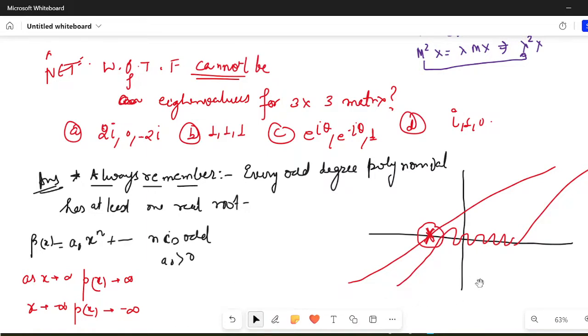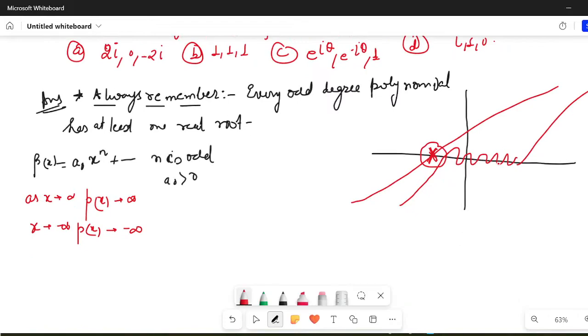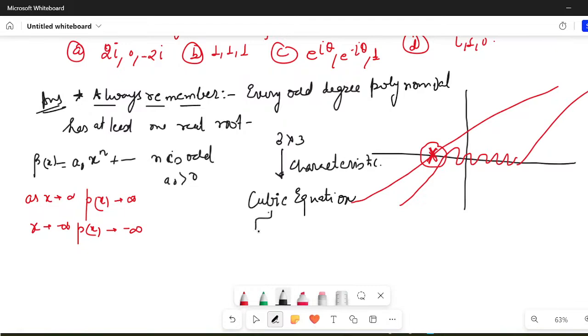Now think about this particular concept in the scenario of a cubic equation, because after all, if you have a 3 cross 3 matrix, the characteristic equation of this 3 cross 3 matrix would be a cubic equation, right? Now think about this. What are the possibilities for a cubic equation to have roots?